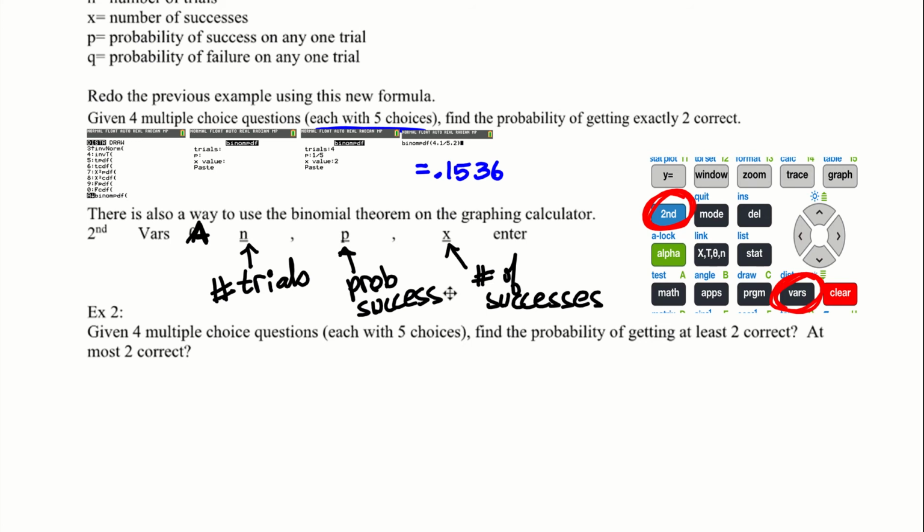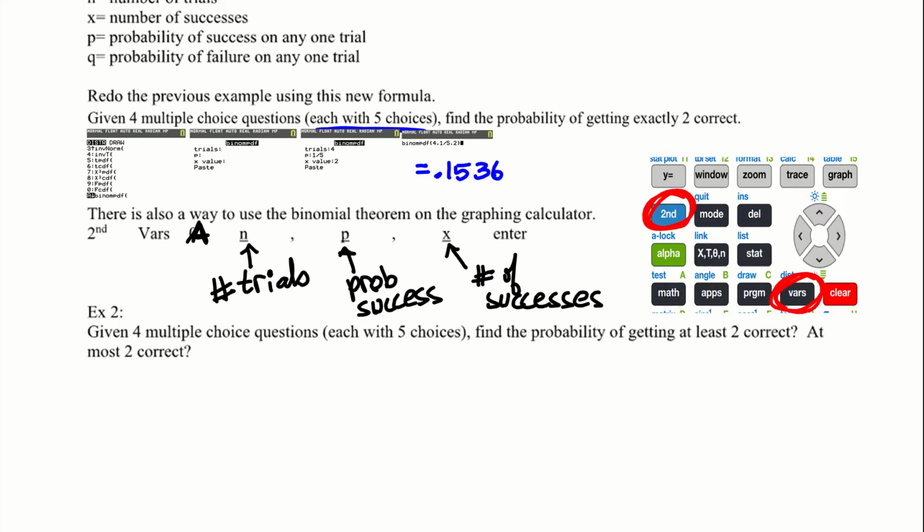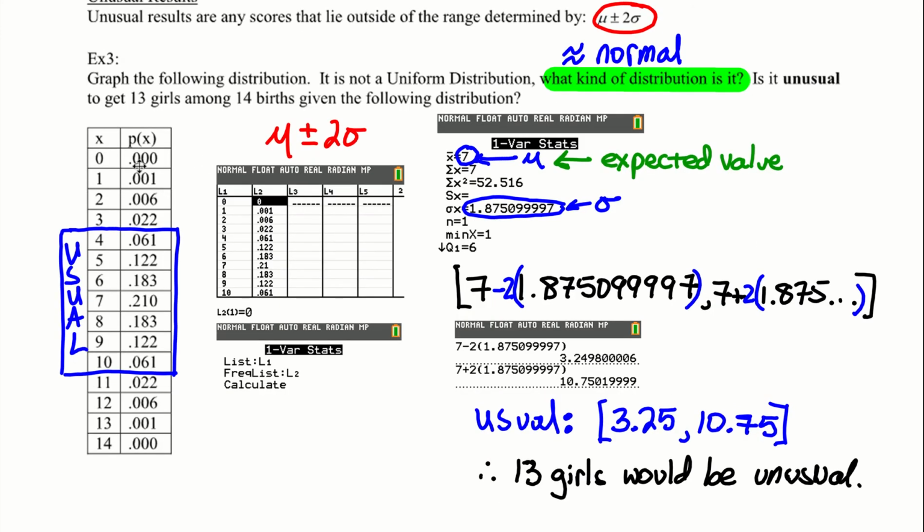So I just learned something based off of that interaction. I was just going to show you this really lengthy, convoluted way of doing this, and I just learned a much easier way. So going back to that unusual results question, because this was binomial.